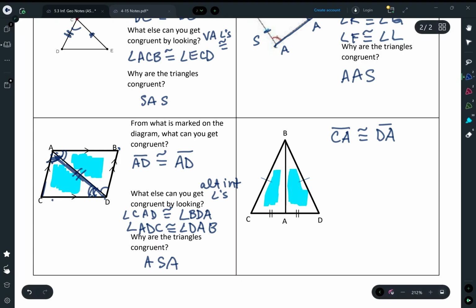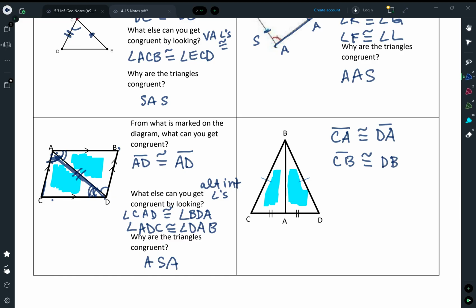I have segment CB congruent to segment DB. And then I have this side in the middle that's congruent to itself because that side is part of both triangles. So BA is congruent to BA. So these are going to be congruent by side, side, side.